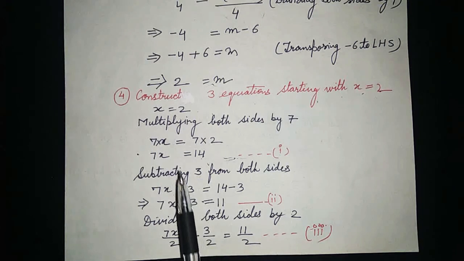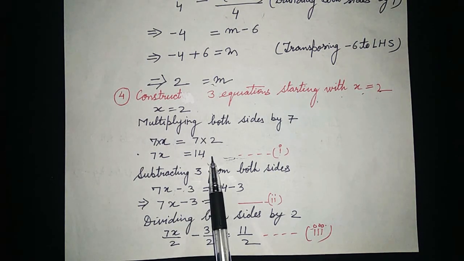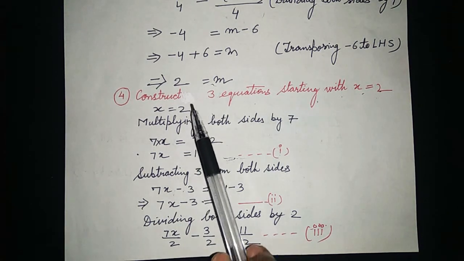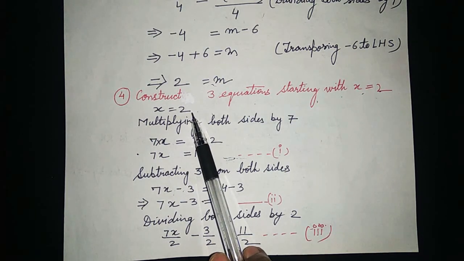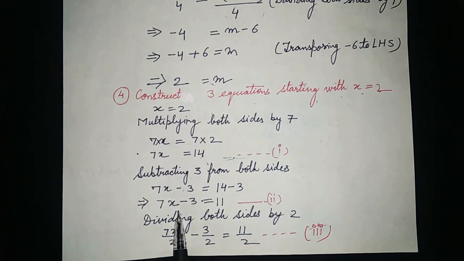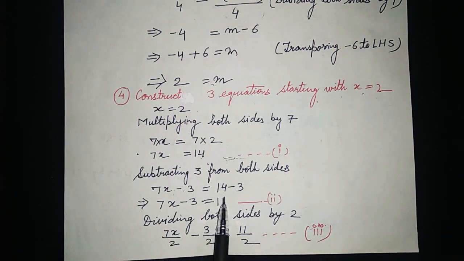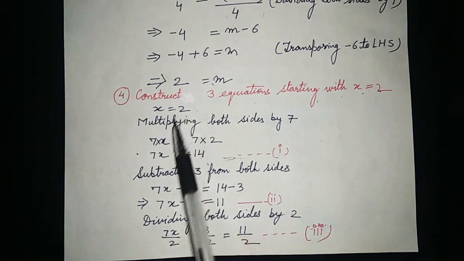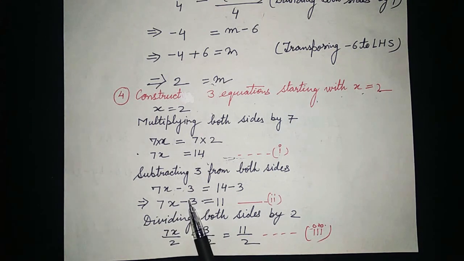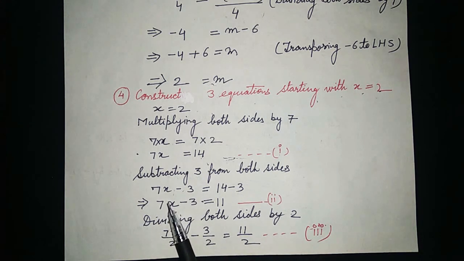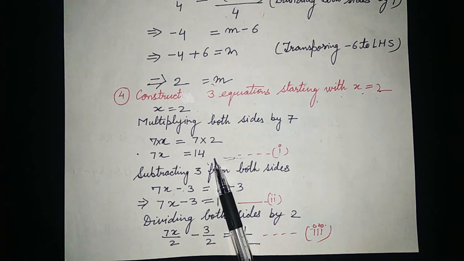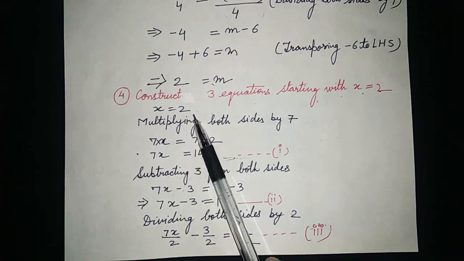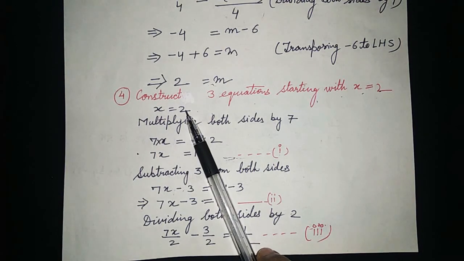You can see this equation we have made from x is equal to 2, and this second equation also we have got from x is equal to 2, because here we have subtracted 3 from both the sides from 7x is equal to 14.